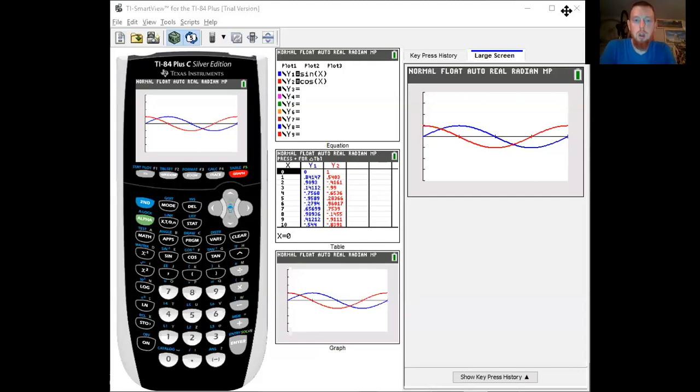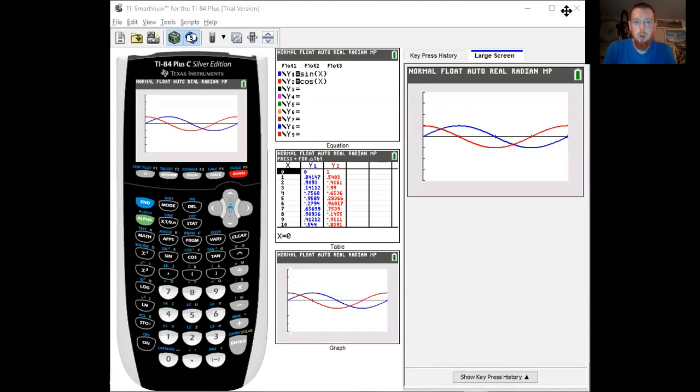so let's talk about getting these 2 graphs to match up with each other. As you can see, the red cosine function and the blue sine function, they're basically the same. They're just starting in different locations, right? How could I get these to go perfectly on top of each other?